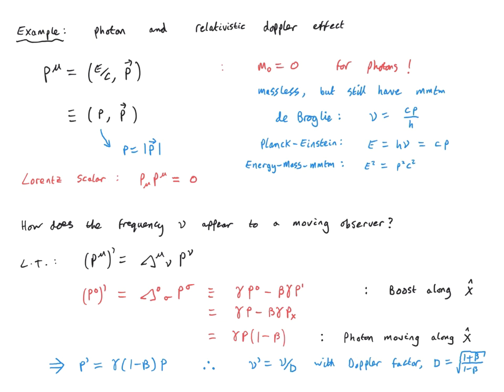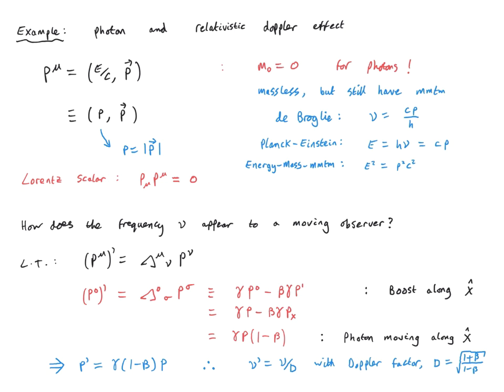D is just 1 over gamma times 1 minus beta, and a little bit of rearrangement, and also using the definition of gamma as 1 over the square root of 1 minus v upon c squared, gives an explicit expression for the Doppler factor, which is the square root of 1 plus beta over 1 minus beta. This is referred to as the relativistic Doppler effect.